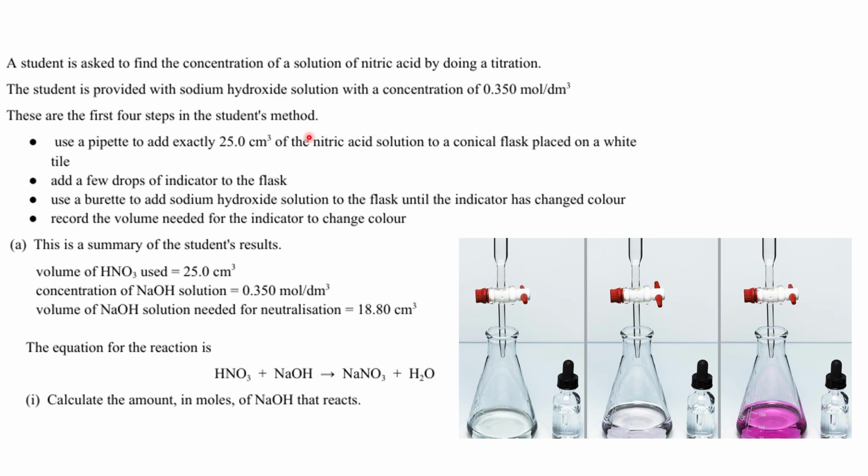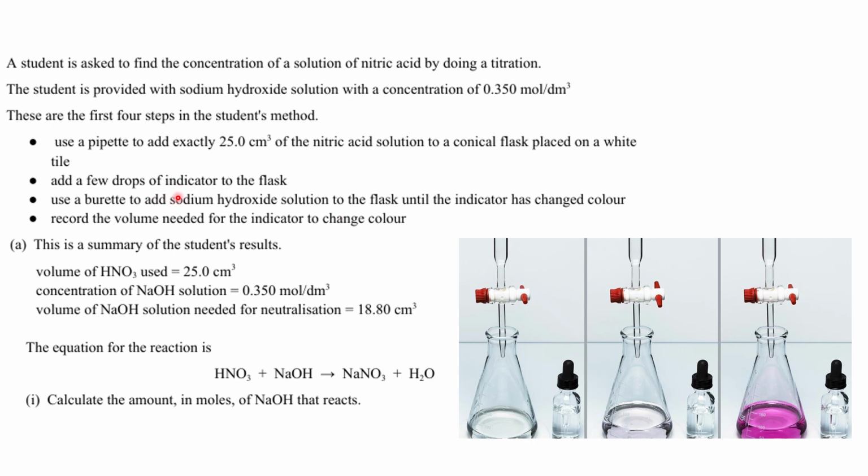These are the first 4 steps in the student's method. Use a pipette to add exactly 25 centimeter cube of nitric acid solution to the conical flask. So this conical flask contains 25 cubic centimeter of nitric acid solution.